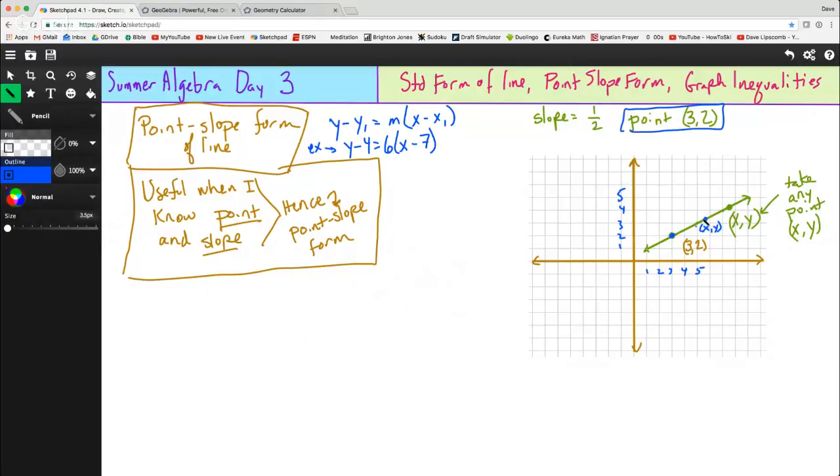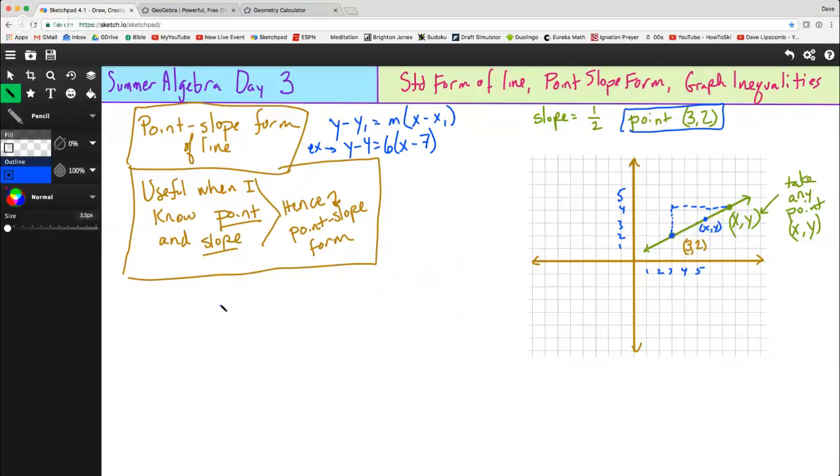So let's look at this. What do we know is true of any point (x, y)? Well, we know that if we take any point, and we did this in class today too, the slope formula must be true.